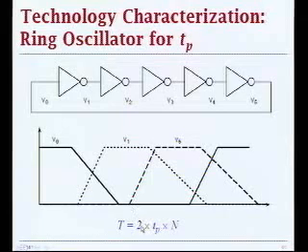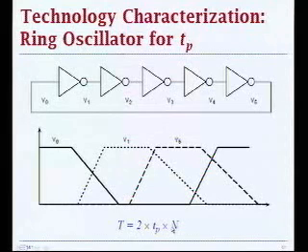If you assume that you have n stages around the loop, then the total period defined by this ring oscillator is 2 times the propagation delay of your gate times the number of gates in a chain. That way you can calculate the propagation delay of your inverter: TP is equal to T divided by 2N.